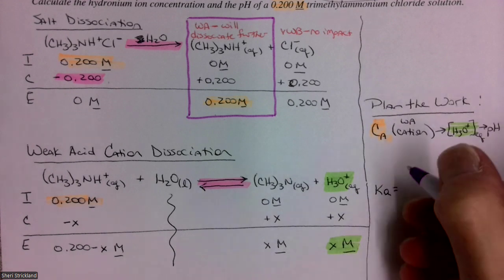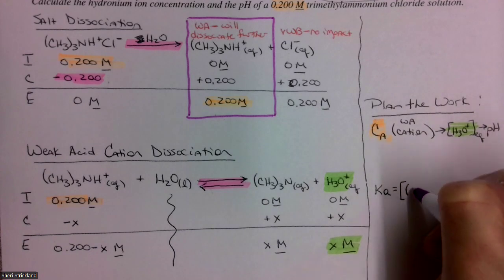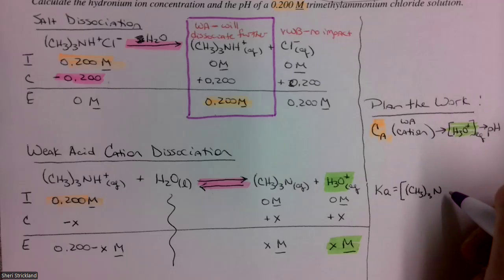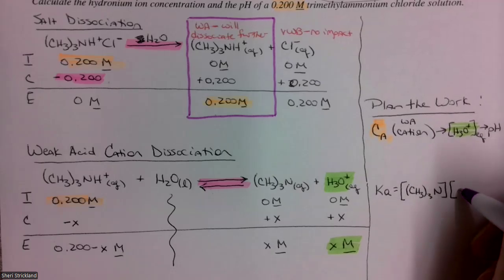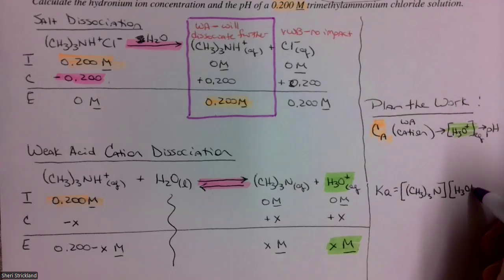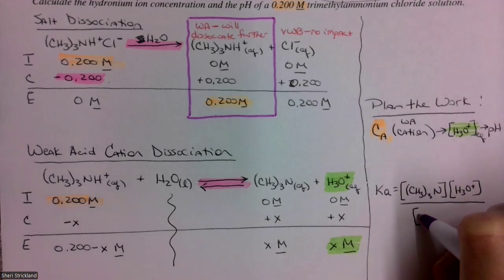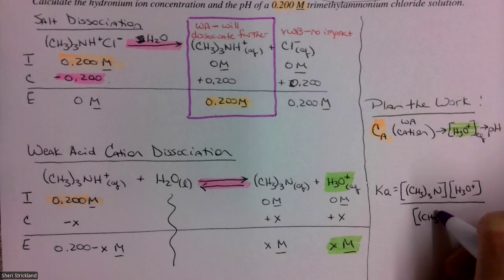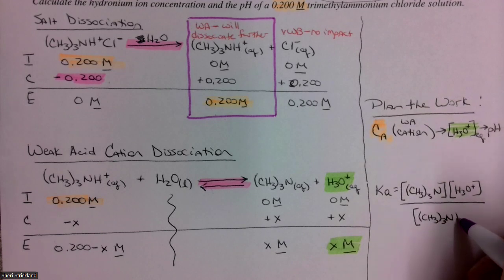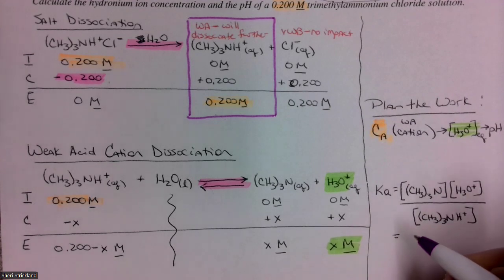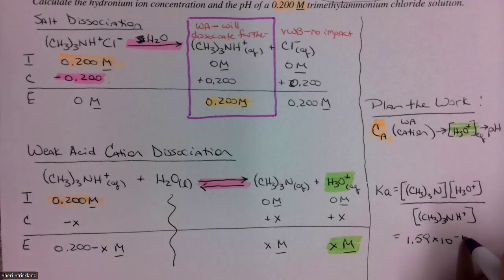All right, welcome back. So it should look like this: the concentration of that product times the concentration of this product divided by the concentration of this reactant. And if you look up this value, you would find that it's 1.59 times 10 to the minus 10.